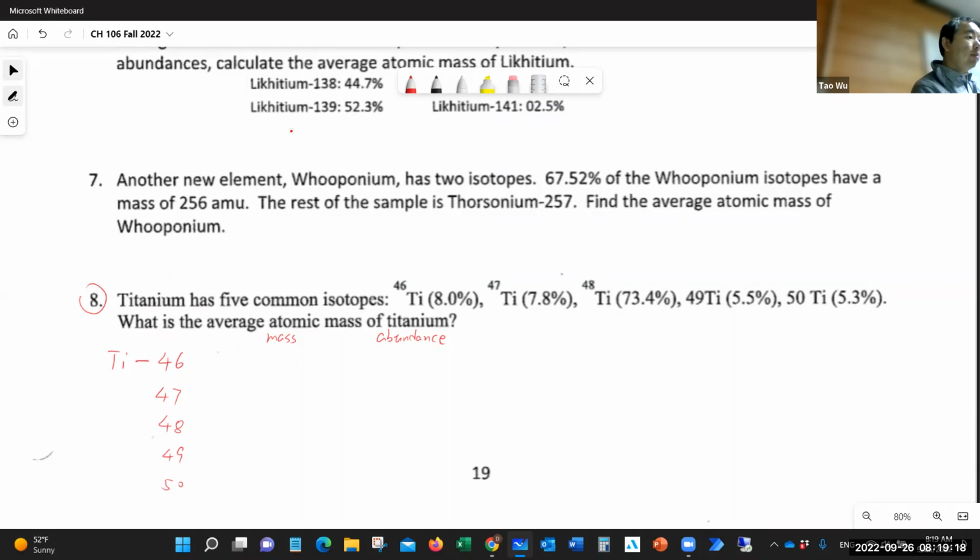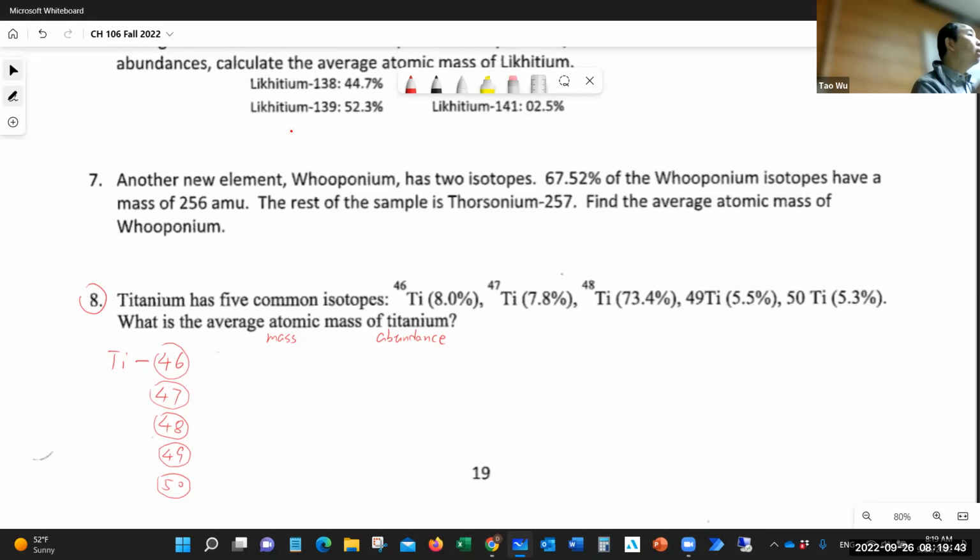For the mass of each isotope, generally, if the question doesn't give you the specific mass for each isotope, then you can use the mass number as the mass of each isotope. Why? The mass number is generally similar to the mass of each isotope.